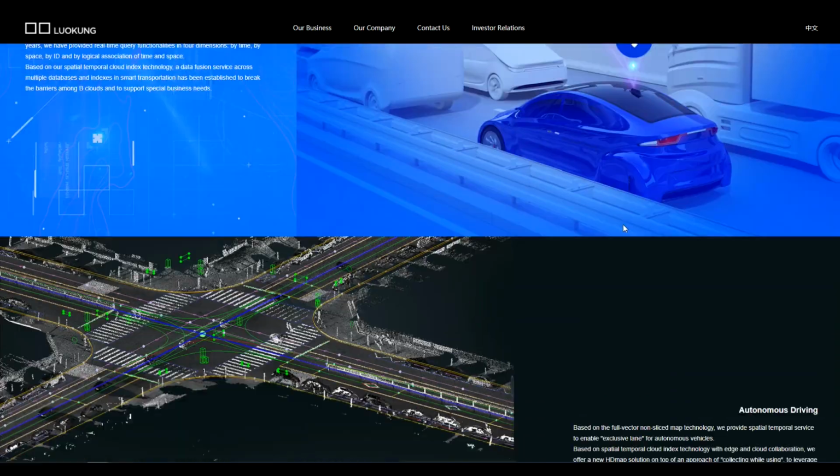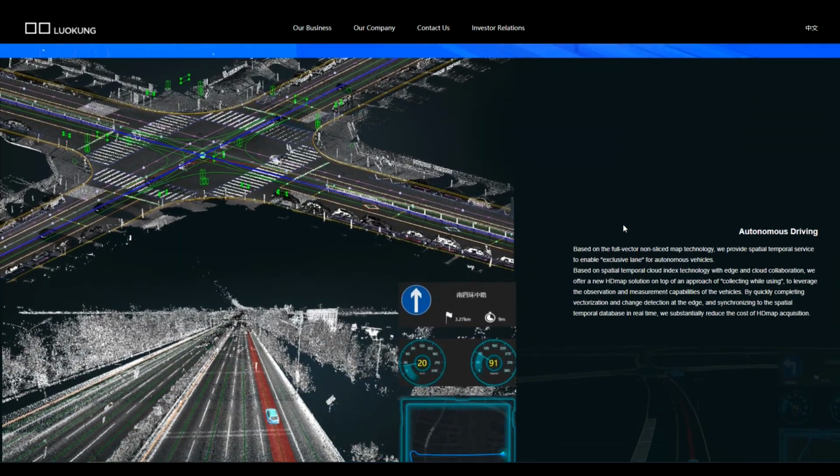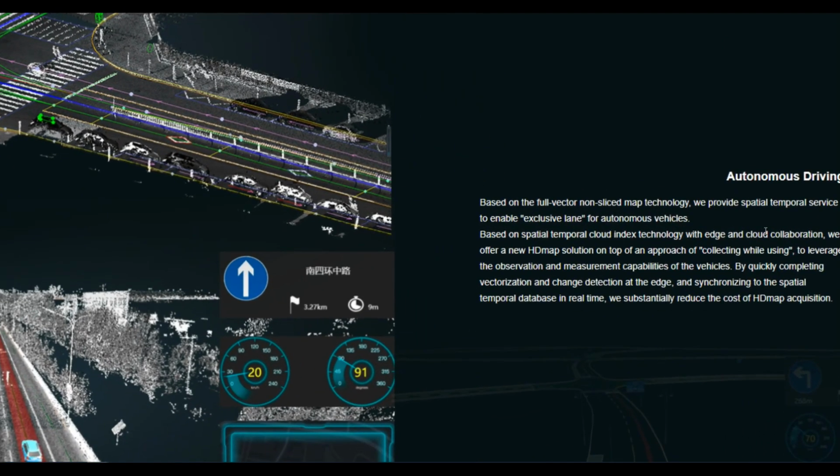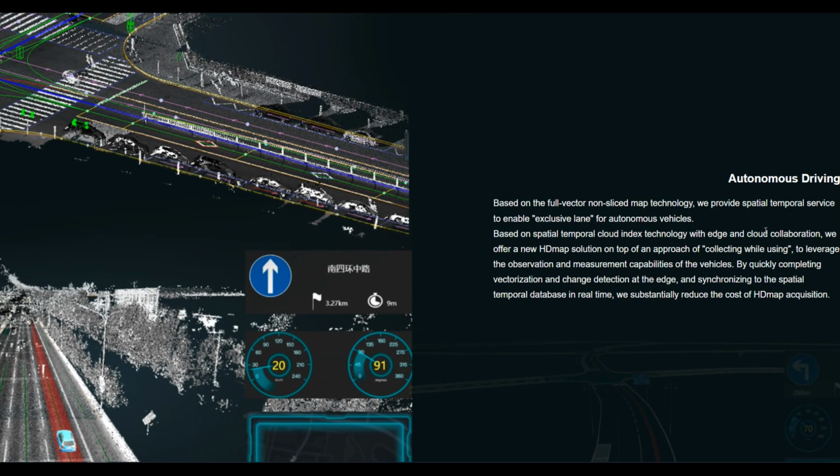Then moving on, we have another really interesting area where Luokung's spatial temporal technology will be used, which is autonomous driving, guys. We have seen how this technology is getting the hype.